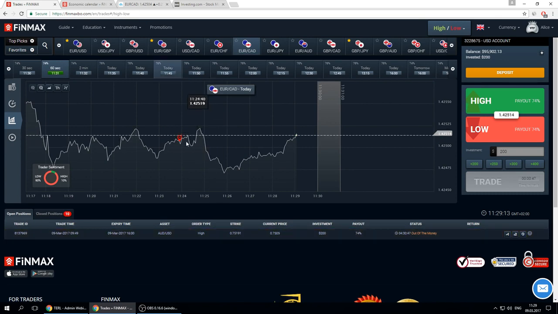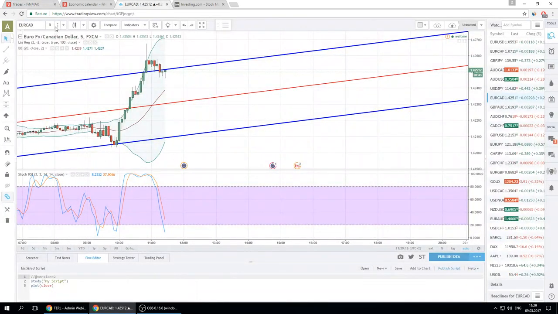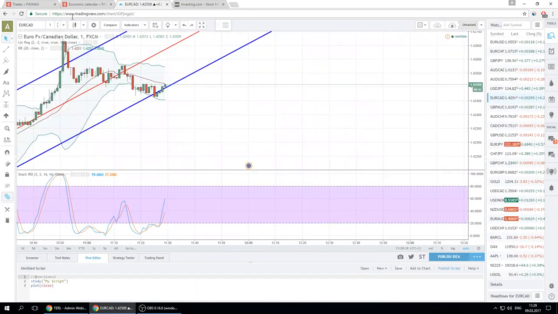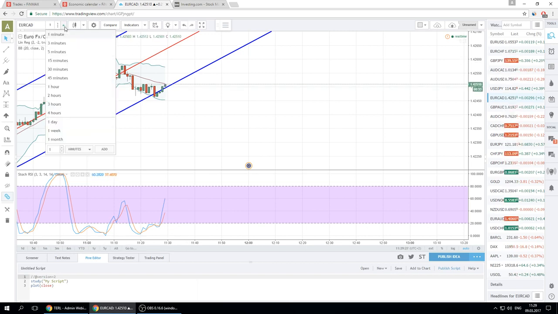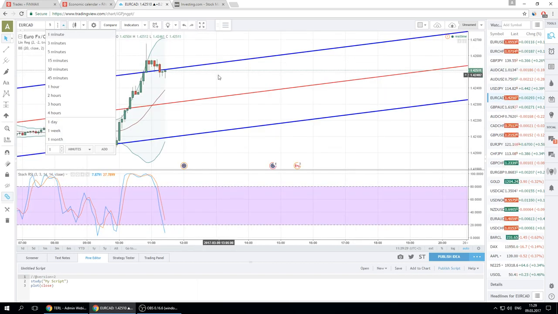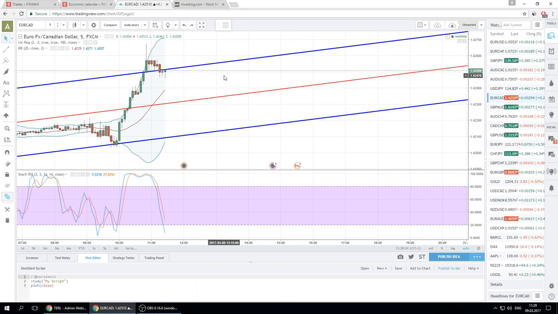see the results and the potential for falling, because right now we see that the euro is growing. This candle is going to expire in several seconds, so I'm going to wait and see.